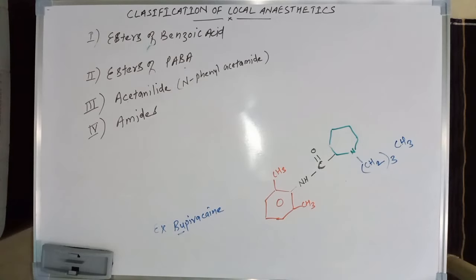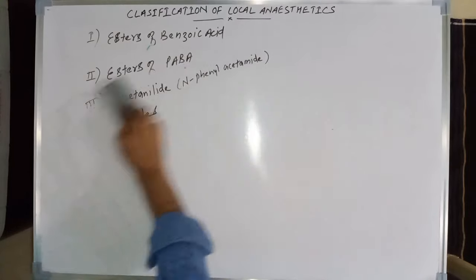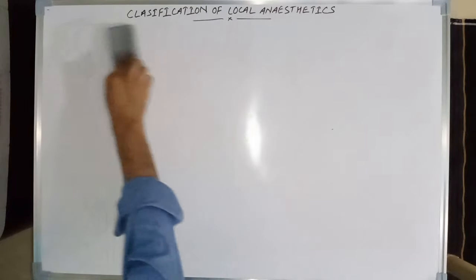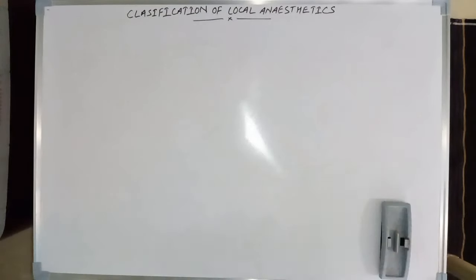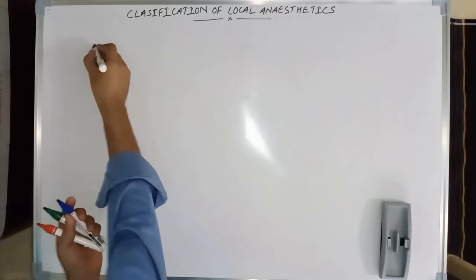This is the structure of your bupivacaine. So this completes your class number 4. Now the next class is class number 5, the quinoline derivatives.